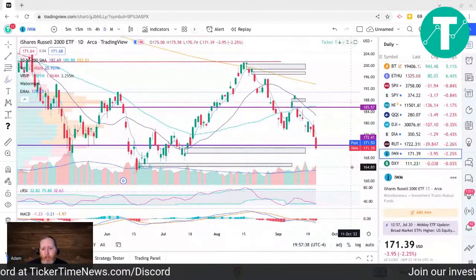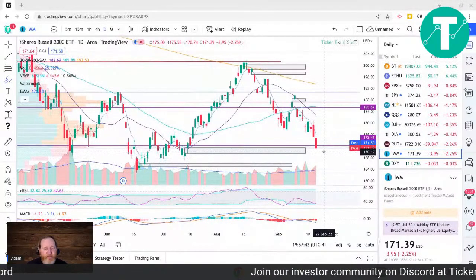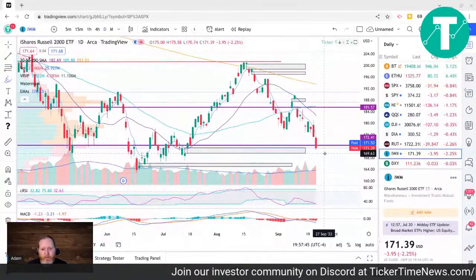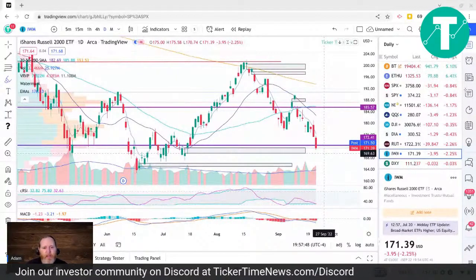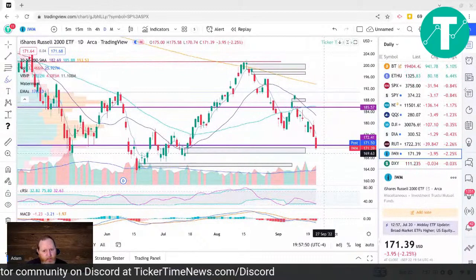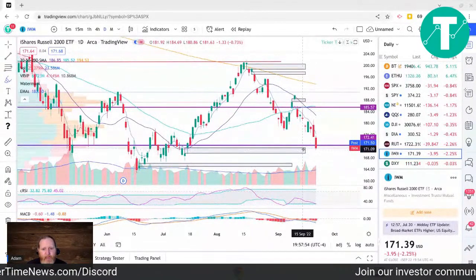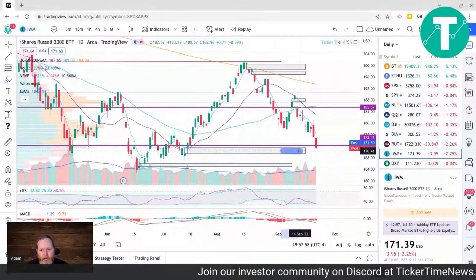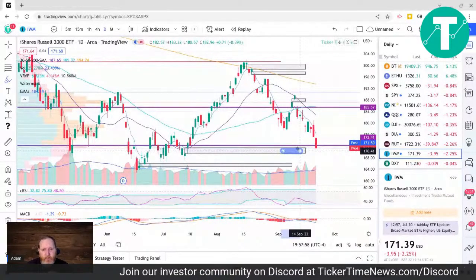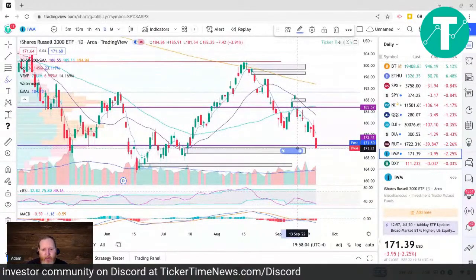Okay, going to the IWM. It did slip out of its weekly expected move. That weekly expected move is 172. It closed at 171. One thing that held up, luckily, is that the top of this gap is right about where IWM closed at 171.